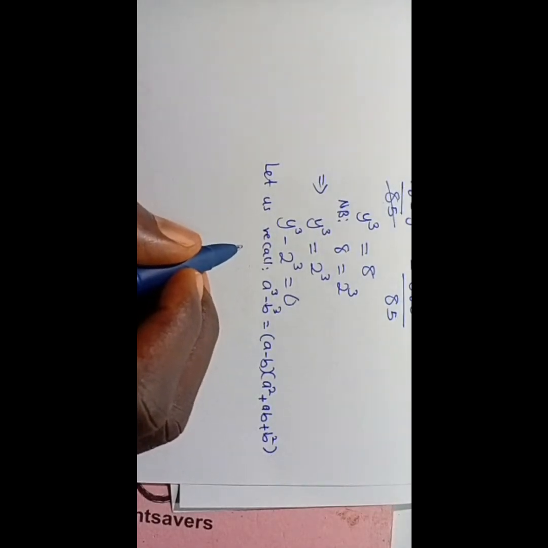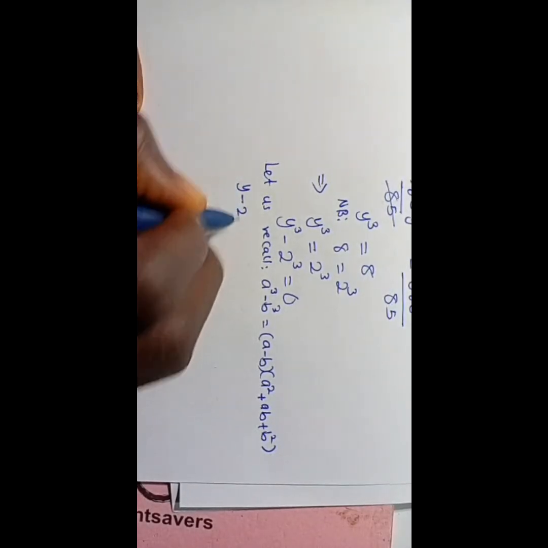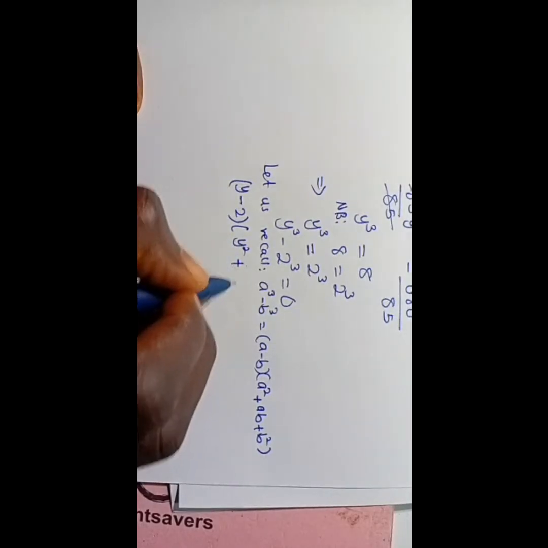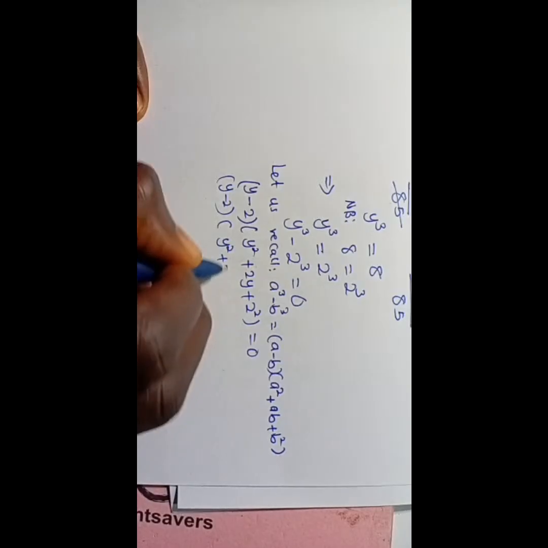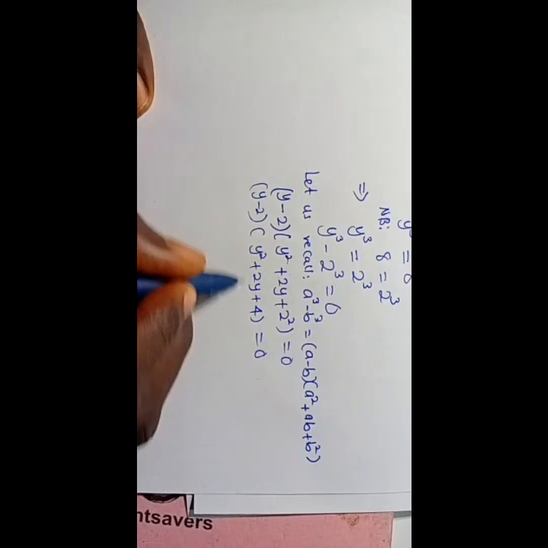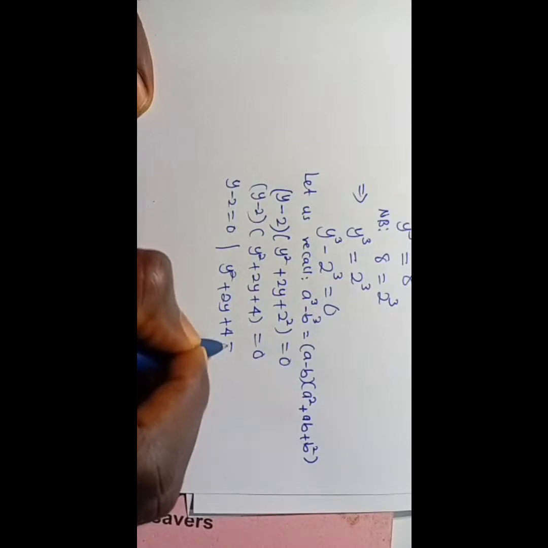Now from here we have (y − 2)(y² + 2y + 2²) equals 0, so (y − 2)(y² + 2y + 4) equals 0. So we have y − 2 equals 0, or y² + 2y + 4 equals 0.